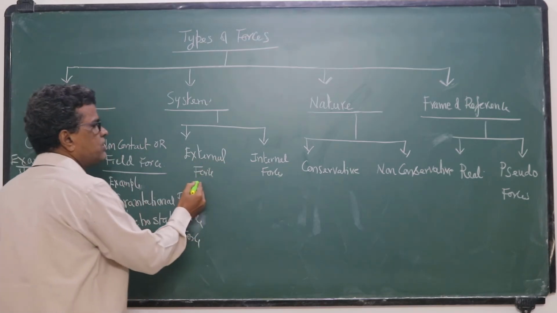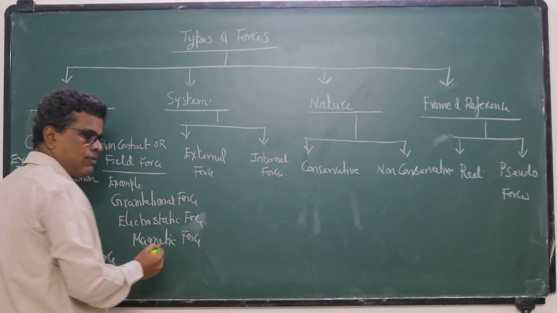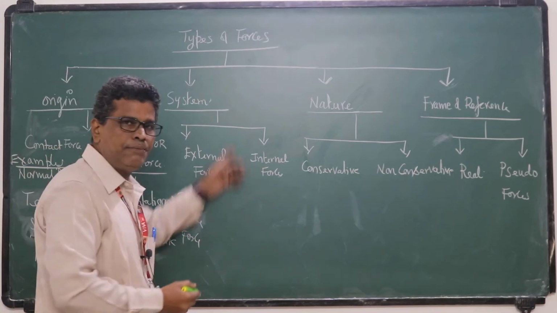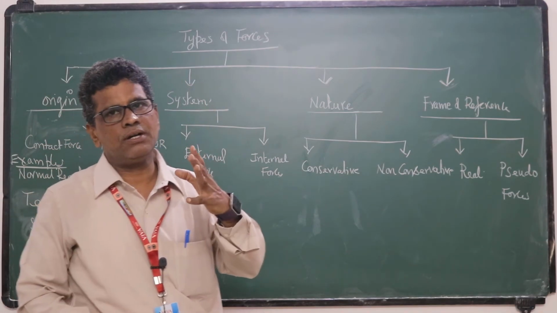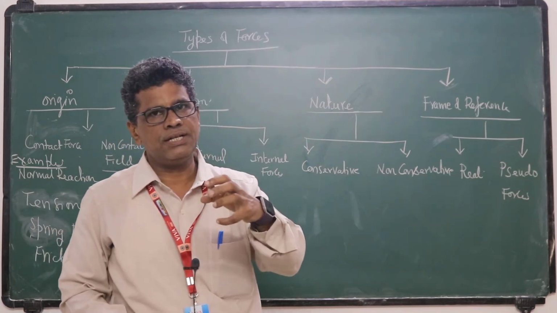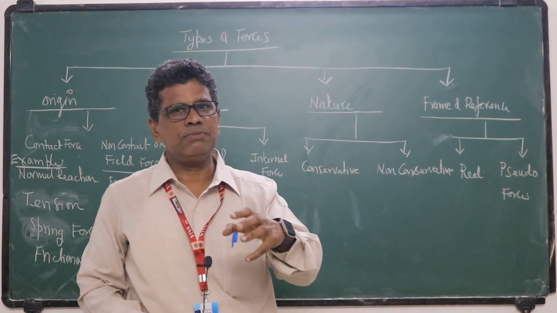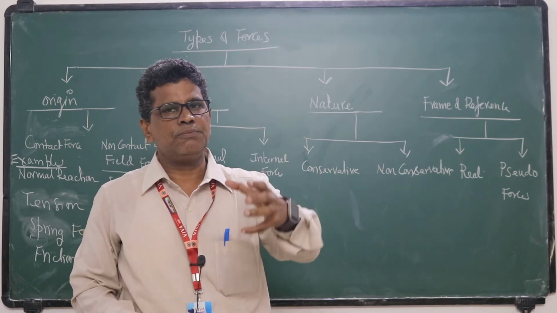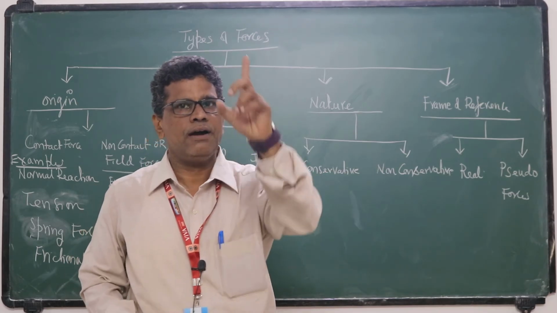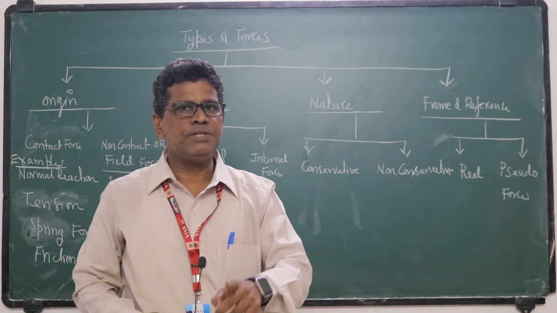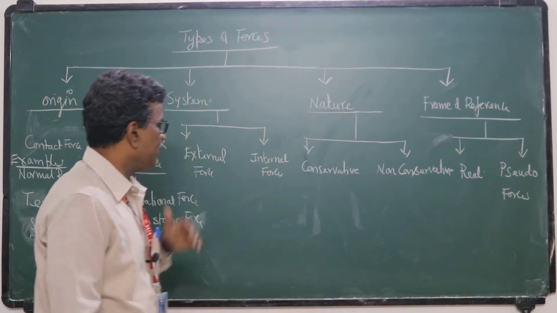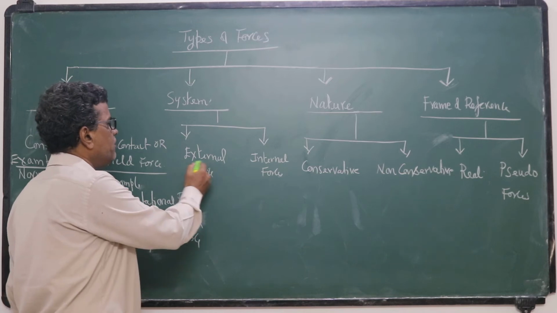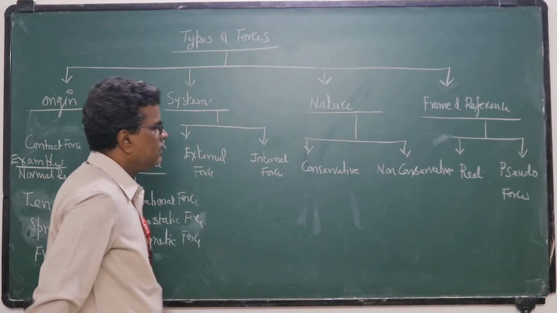So external and internal forces depend upon the system, that is, which object you consider. If the system consists of many objects and you want to study the motion of one object, then the other objects become external to it.